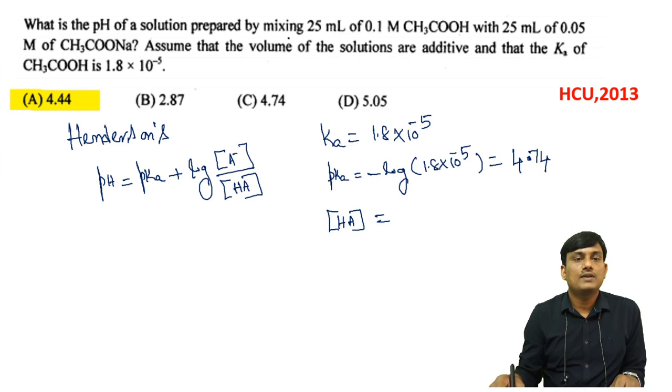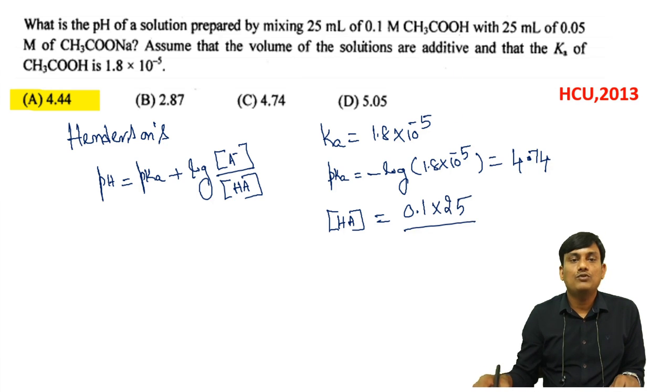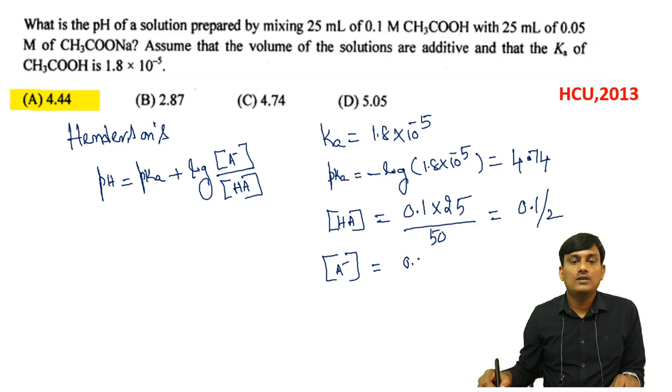This is the concentration of HA: 25 ml of 0.1 molar CH3COOH. Concentration is 0.1 into 25, initial volume, divided by final volume, 25 plus 25, which is 50. So this is equal to 0.1 by 2. And the concentration of A minus, with initial volume 25 and concentration 0.05, is 0.05 into 25 divided by 50. So this is equal to 0.05 by 2.